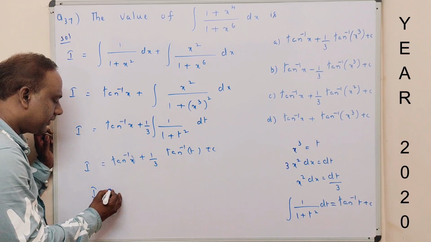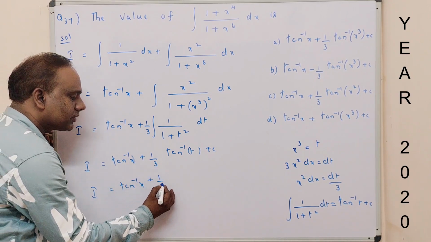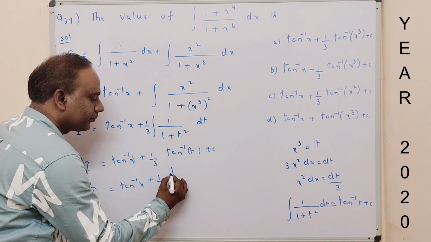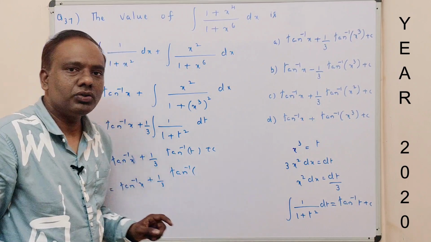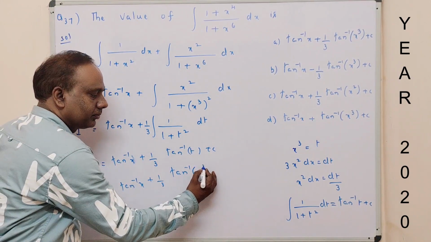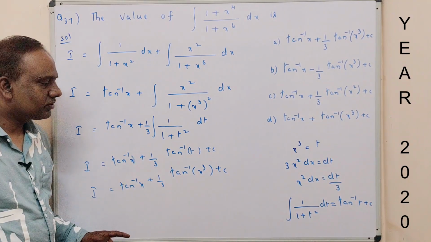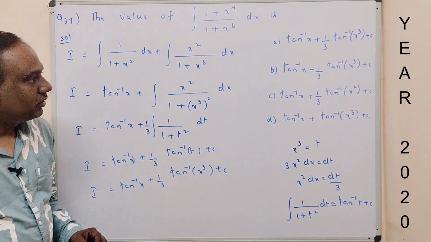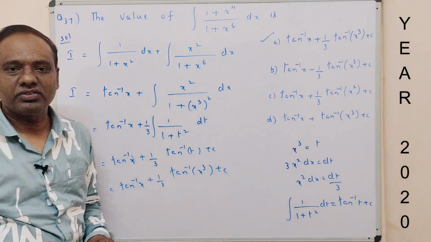Now last step, I is equal to tan inverse of x plus 1 by 3 into tan inverse of t, where t is equal to x cube, plus c. So this is the answer. So here option A is the correct answer.